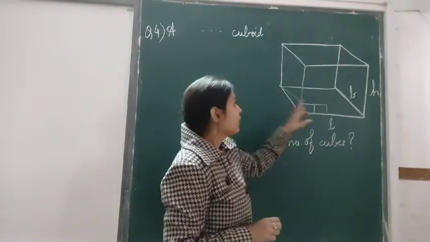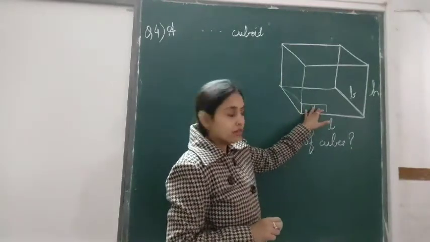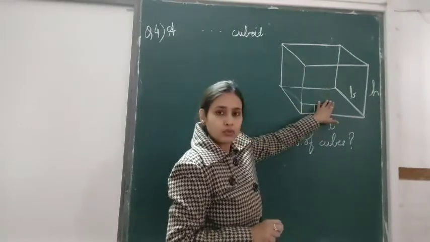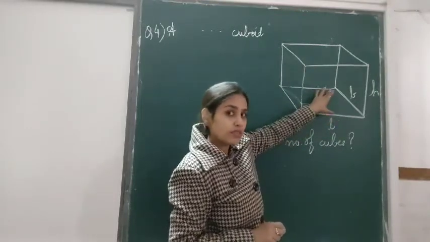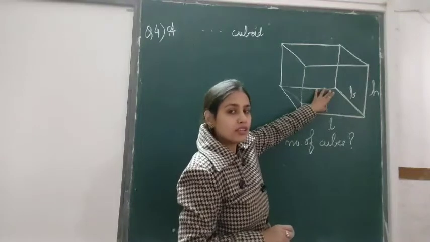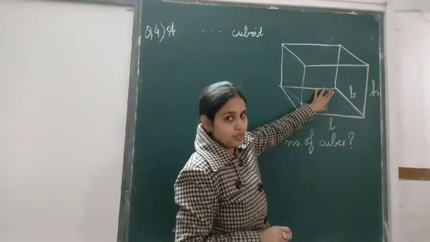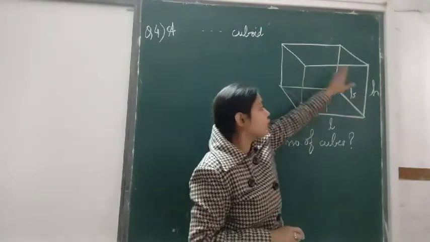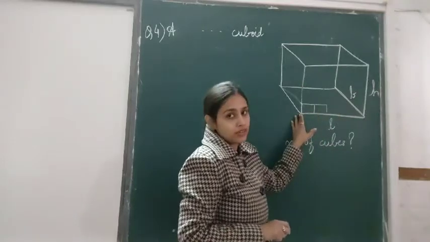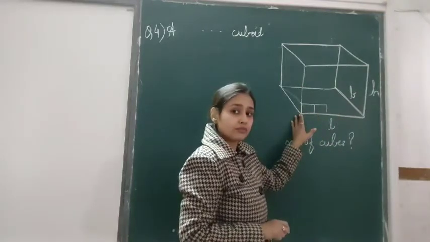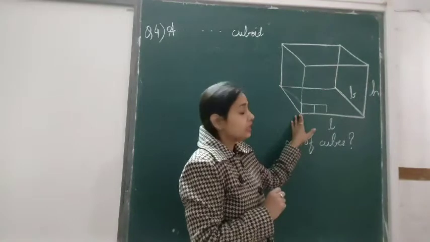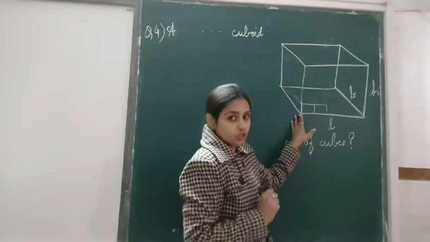So first thing, where will we place, children? We will place inside the cuboid. Inside means inner space. Inner space means volume. That means we need to know the volume of this cuboid. Then only we come to know how many cubes will be placed in this cuboid.